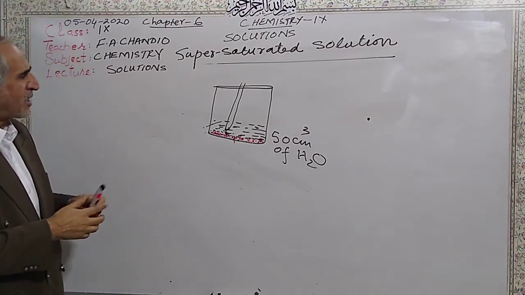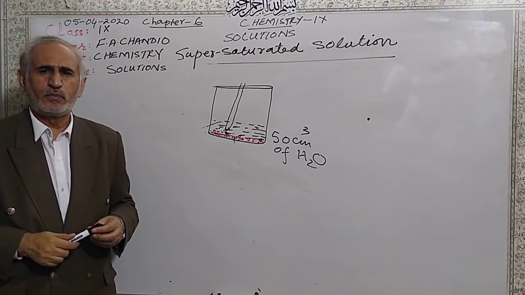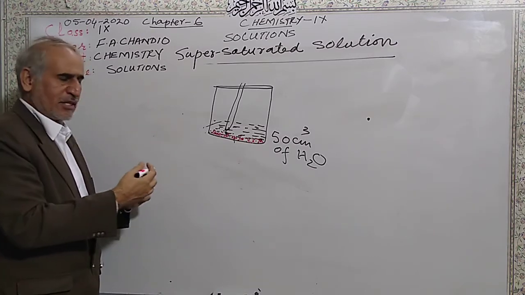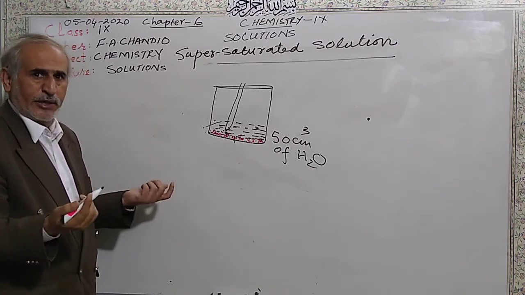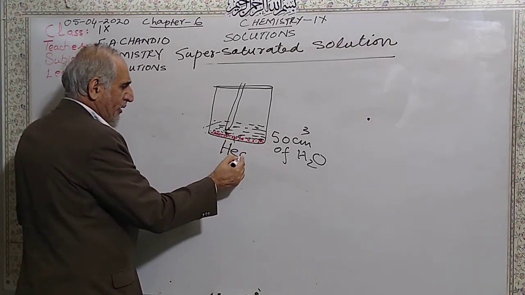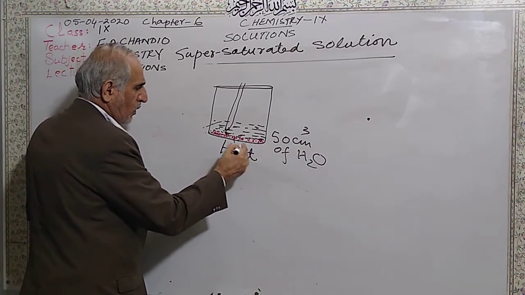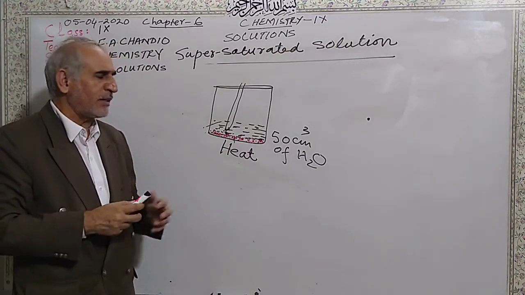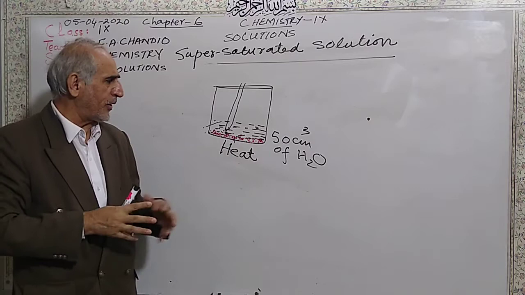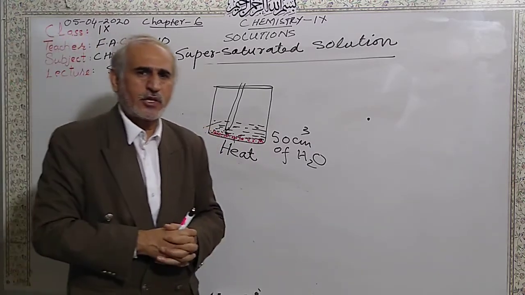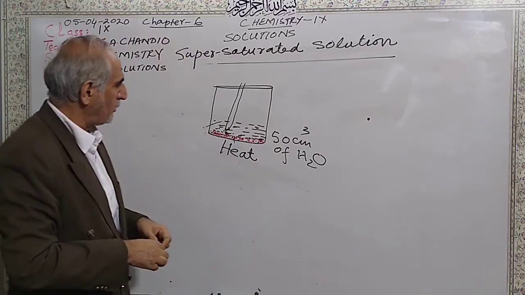So when you make a saturated solution at a particular temperature, then we heat it. When you heat the solution, the kinetic energy of the solvent particles is going to increase and the solubility is also going to increase.